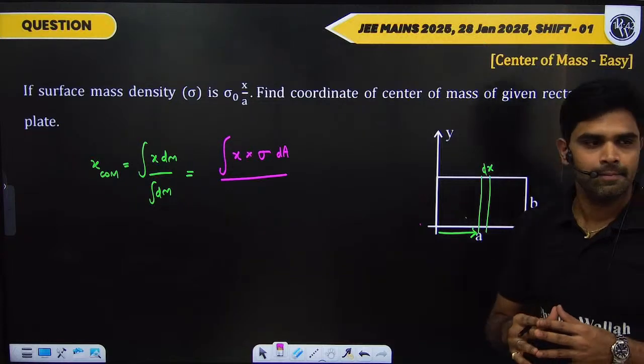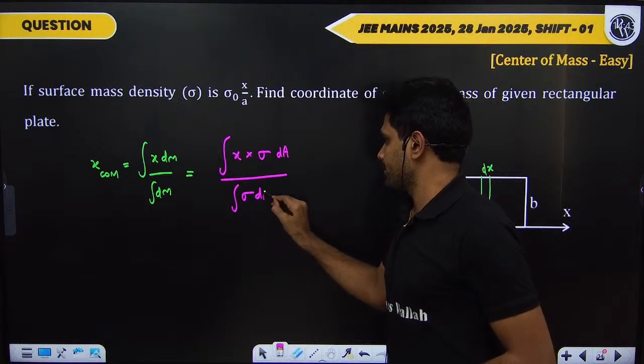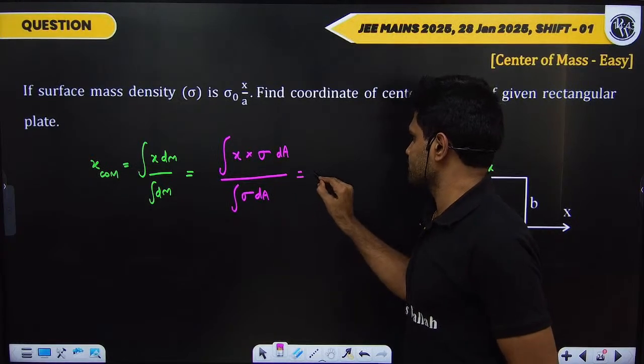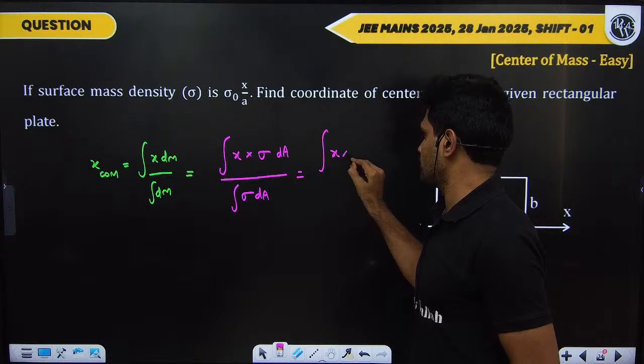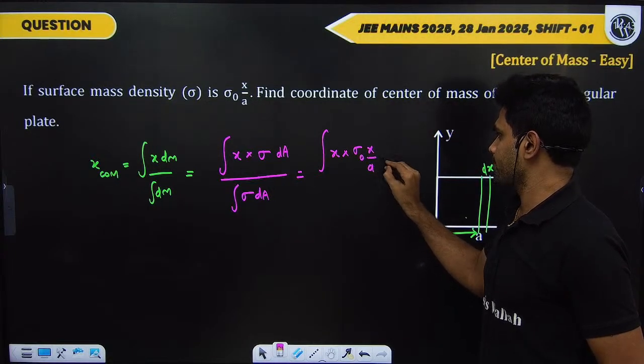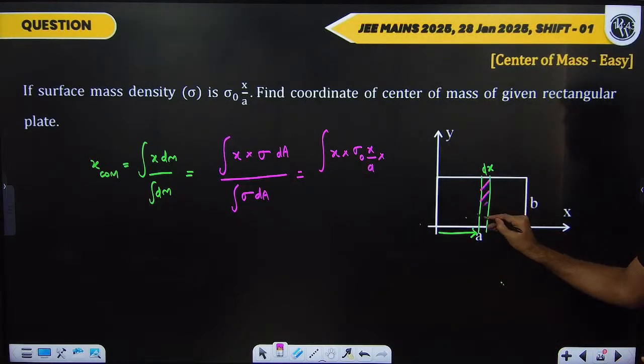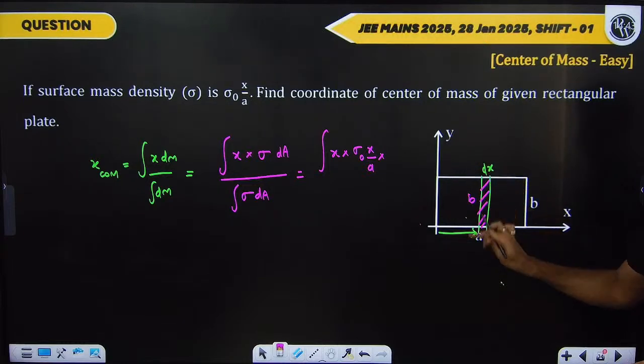Substitute sigma, which is given as sigma naught x by A. What is the small area of this? It is b dx, where the length is b.